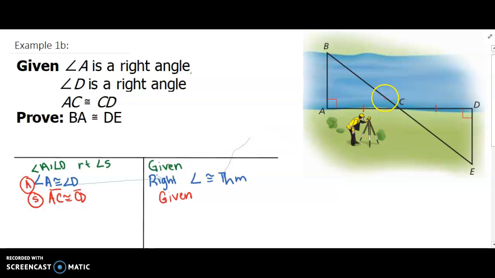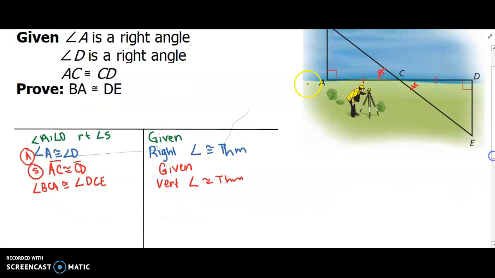Okay, and looking at this diagram, we see that we have vertical angles here and here. So I could say that angle BCA is congruent to angle DCE by the vertical angle congruence theorem. Okay, now I have another angle. So I have two angles and a side, which is all I need. Now I need to look.